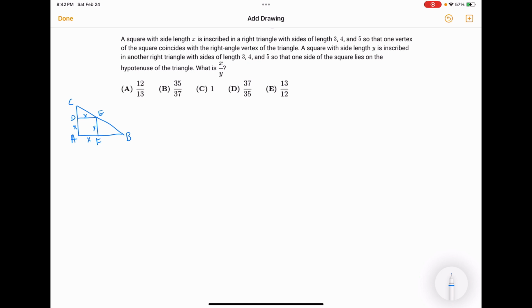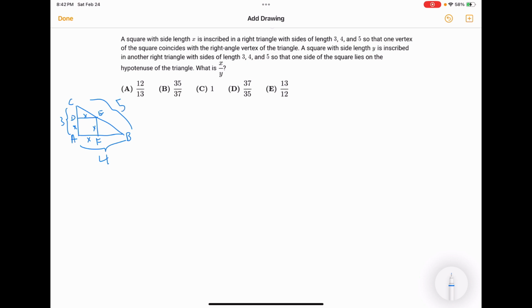It also tells us that the triangle has sides of 3, 4, and 5. So we will let AC be 3, AB be 4, and then BC will be 5.